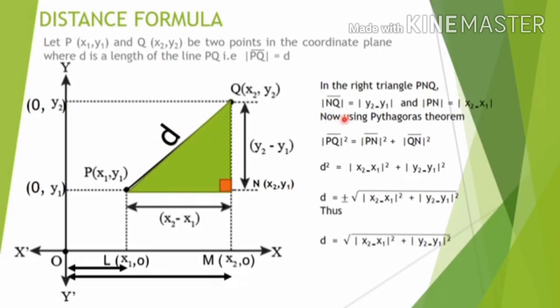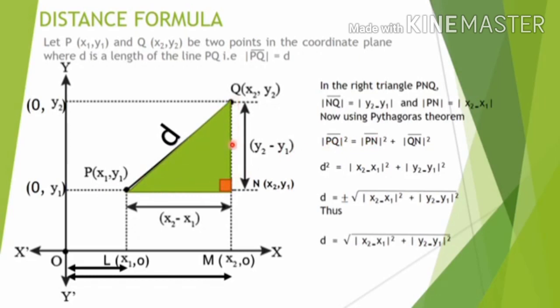If we apply the Pythagoras theorem to this right angle triangle, what will we have? Hypotenuse squared would be equal to the base squared plus perpendicular squared. So here the hypotenuse is PQ, and the base is PN.